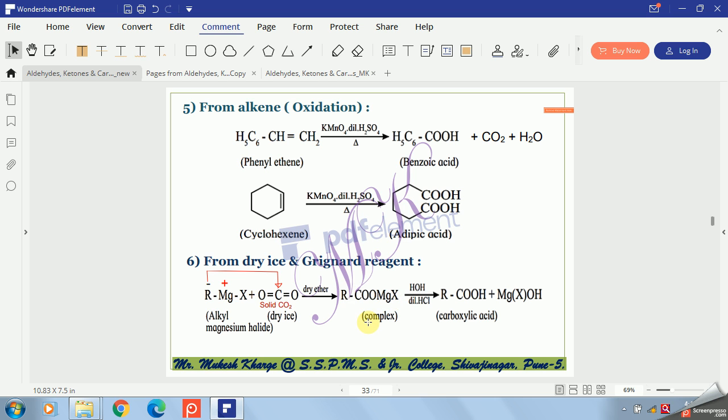Then it will go for hydrolysis, and we have to break the bond between oxygen and Mg. So here we write the breaking of the bond between oxygen and Mg.